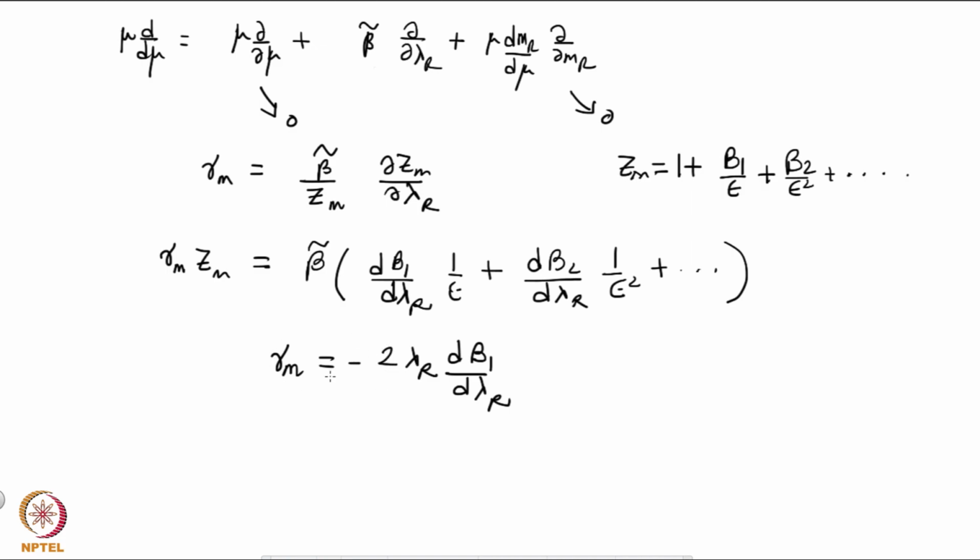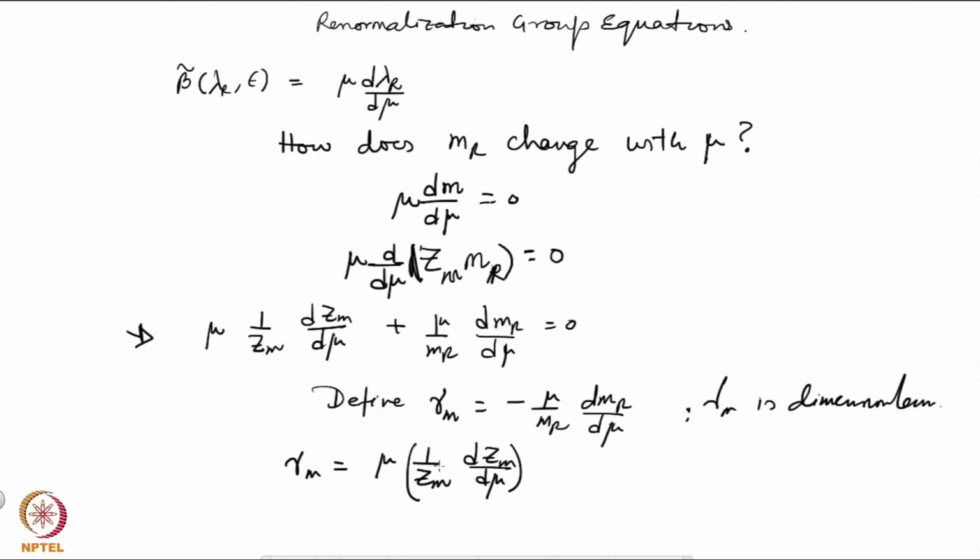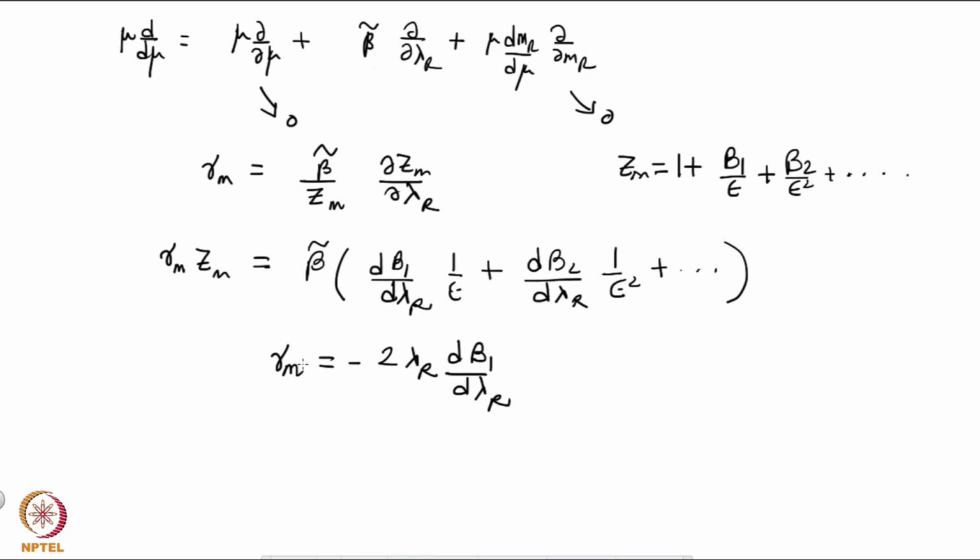That's what you get. Now, gamma m is the thing which controls how mr is going to change as you change mu. That's what controls the behavior of mr with mu; the derivative of mr is controlled by gamma m. And we have seen that gamma m depends only on B1. It does not depend on B2 or B3, meaning it is controlled by the coefficients of single pole terms only.